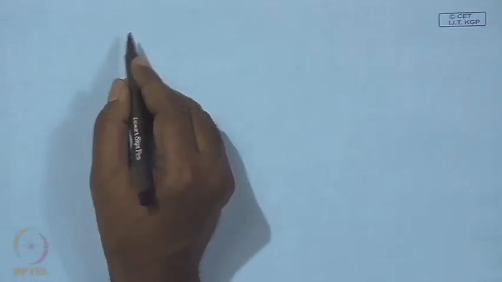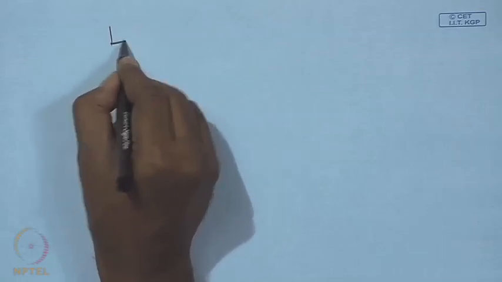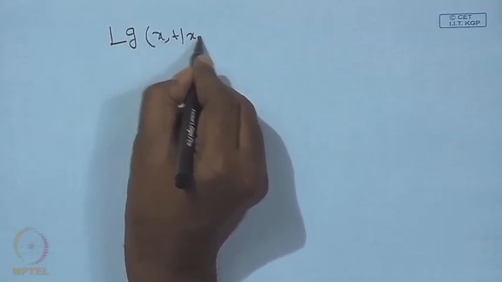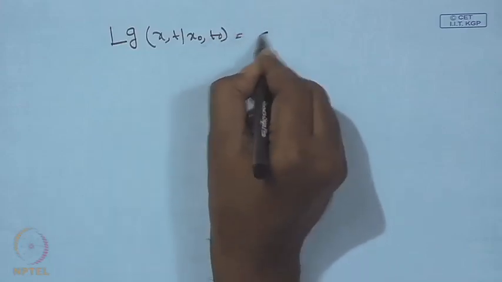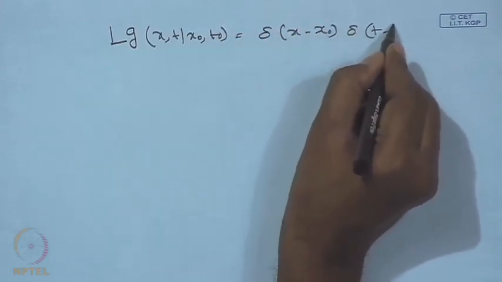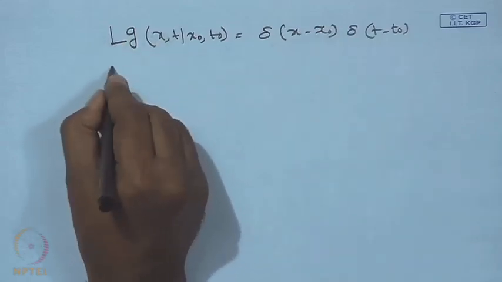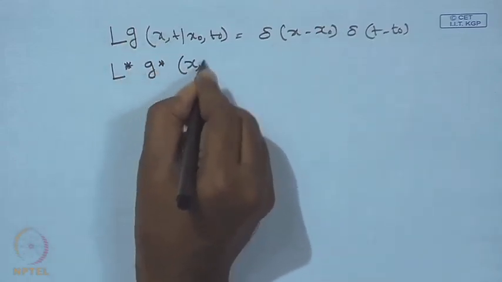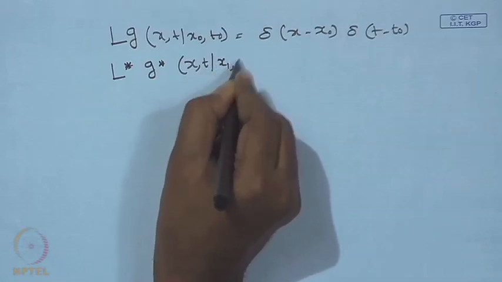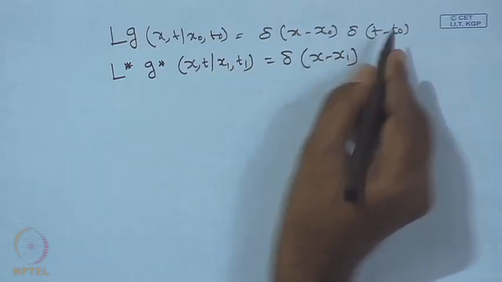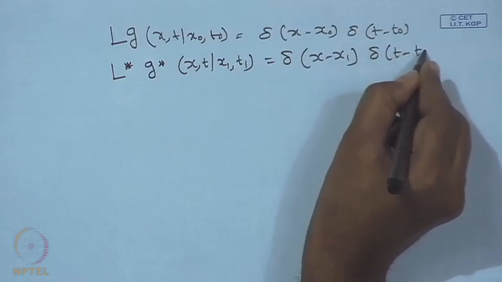So, next step is obtaining the adjoint Green's function. This was the original Green function, the causal Green's function, so this will be delta(x minus x naught) delta(t minus t naught), and the adjoint Green's function satisfies L star g star (x, t; x 1, t 1) equal to delta(x minus x 1) delta(t minus t 1).